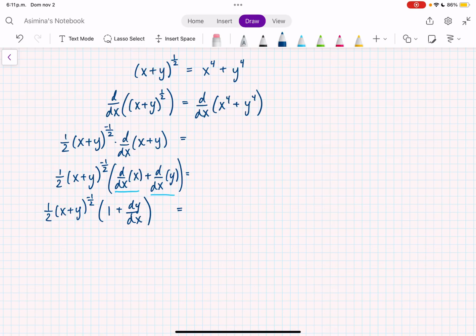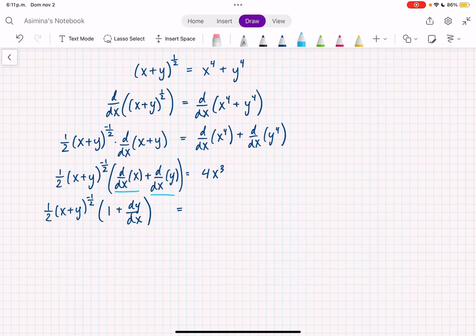Now, what's going on the right-hand side? Well, we can break this up as the derivative of x to the fourth with respect to x plus the derivative of y to the fourth with respect to x. So what is d/dx of x to the fourth? That's just 4x cubed.